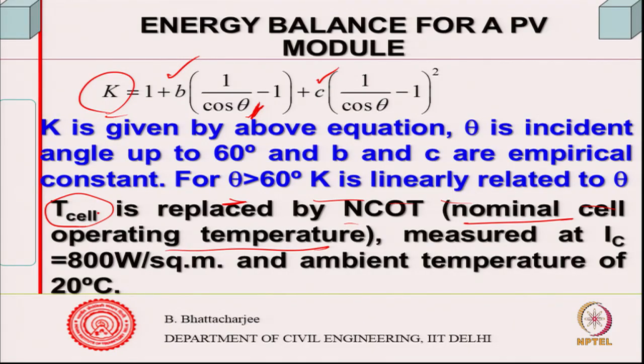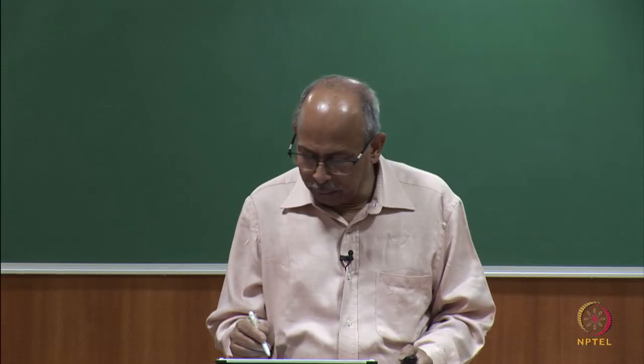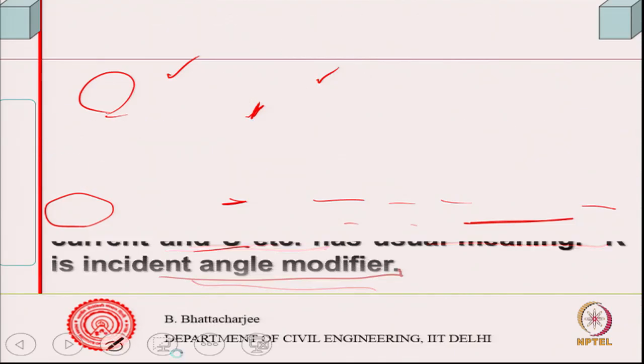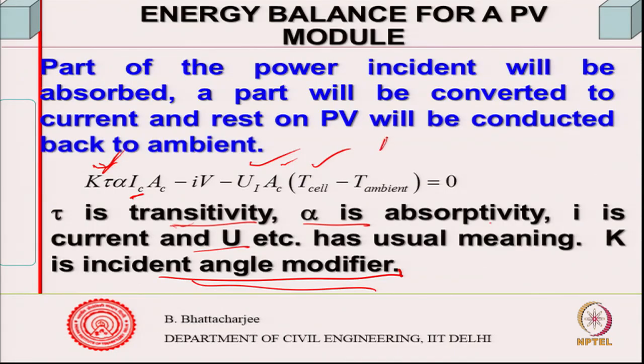And T cell is replaced by the nominal cell operating temperature. T cell is the cell temperature, which is actually unknown, because we do not know how much it will get heated up. So, one way is to use the nominal cell operating temperature, measured on an average basis at I equal to 800 watts per meter square. So, I can replace this by NOCT in standard condition when I equals 800.